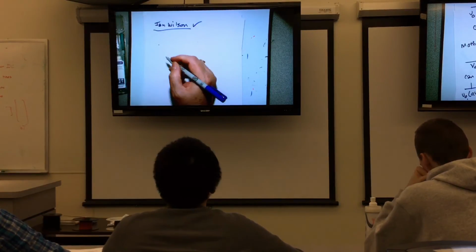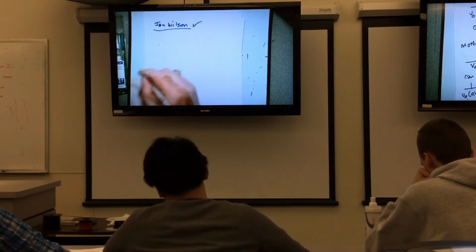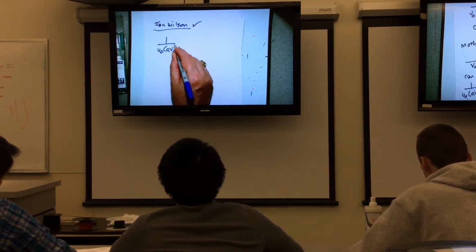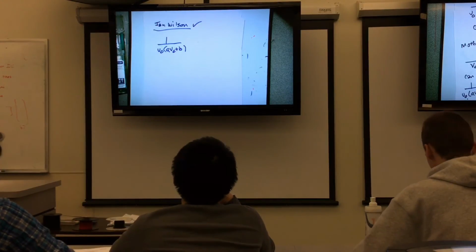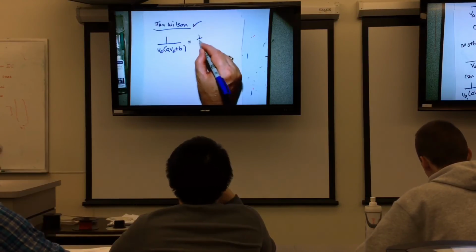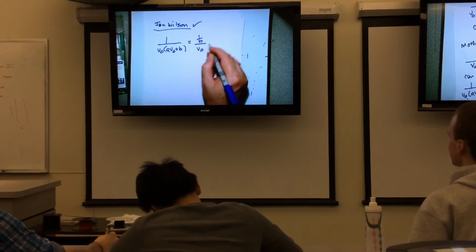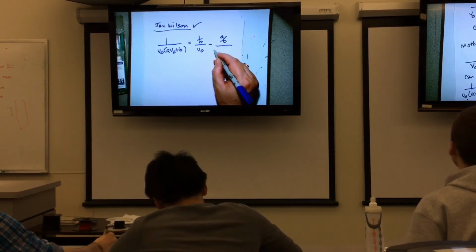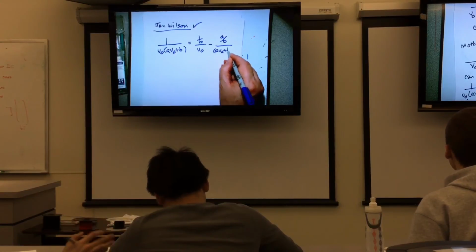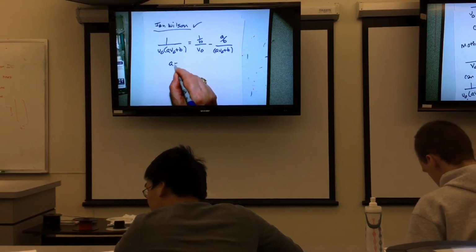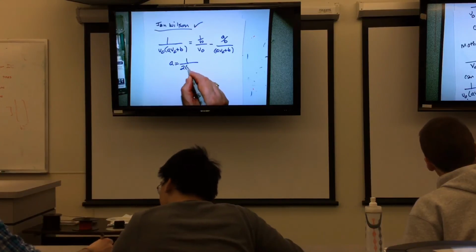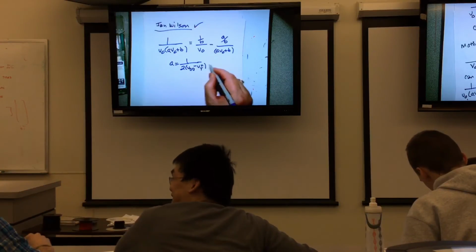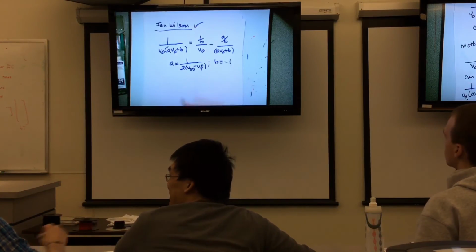All right, so where are we? We have 1 over V naught times A V naught plus B, which is our original challenge, is 1 over V naught minus A over B over A V naught plus B, where A again is 1 over the difference of V threshold, and B equals -1.